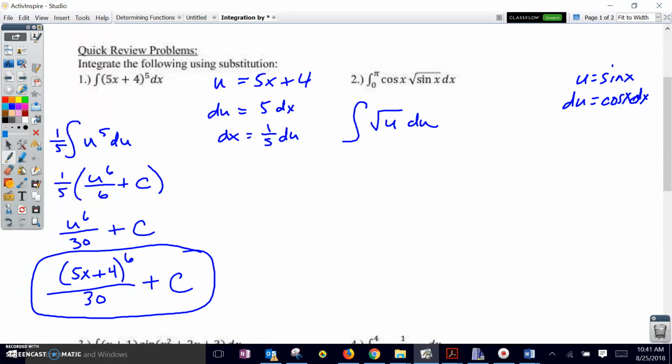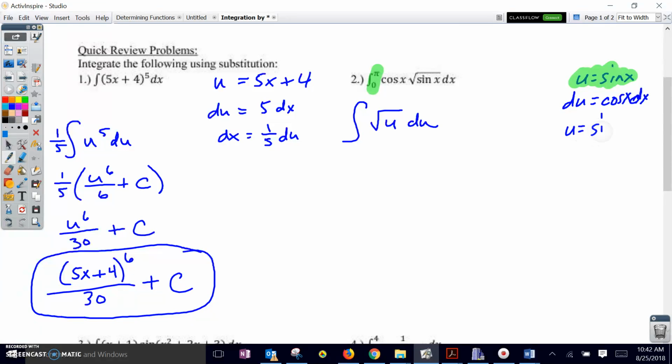The better method is to take those limits of integration, convert them over so that they're in terms of u, and replace them so that I don't have to actually bring my expression for x back in at the end when I'm integrating. So the easy way to do that is we're just going to take our substitution that we have, and we're going to substitute those limits of integration into it and figure out what the u values are that correspond to those values of x.